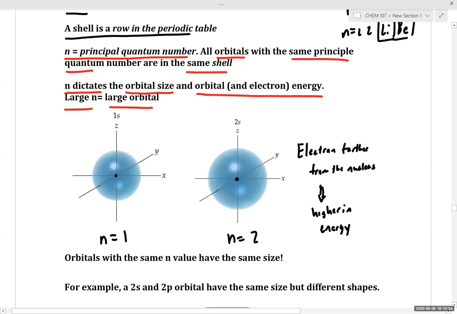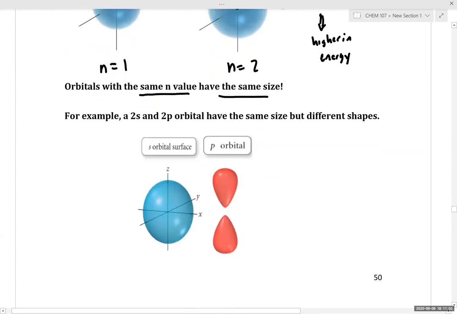Now, what's important to keep in mind is orbitals with the same n value have the same size. We're going to start to see different types of orbitals. This is an n equals 2 orbital, known as an s orbital. And we have another n equals 2 orbital known as a p orbital.